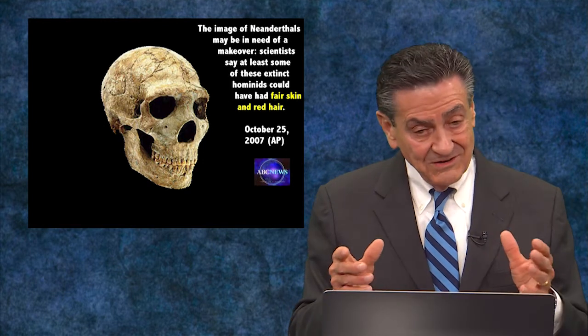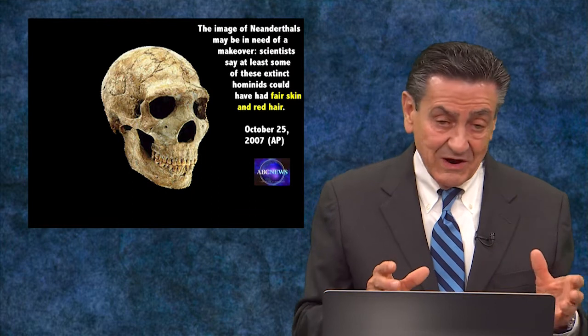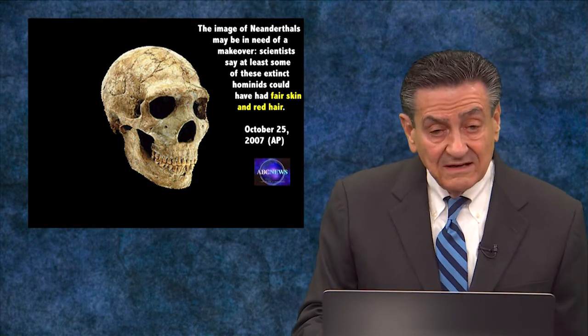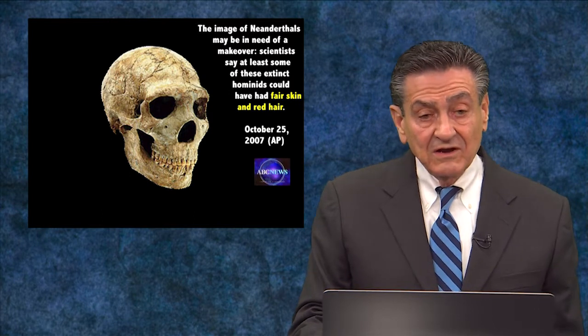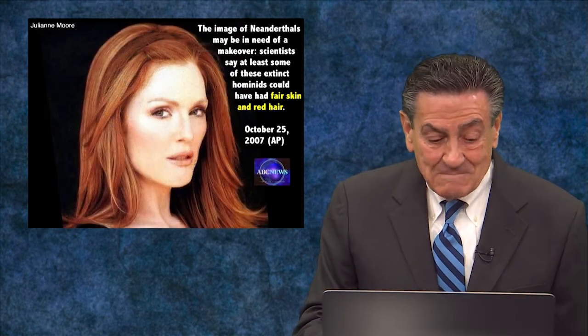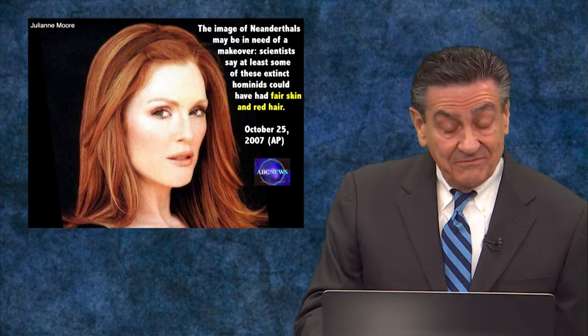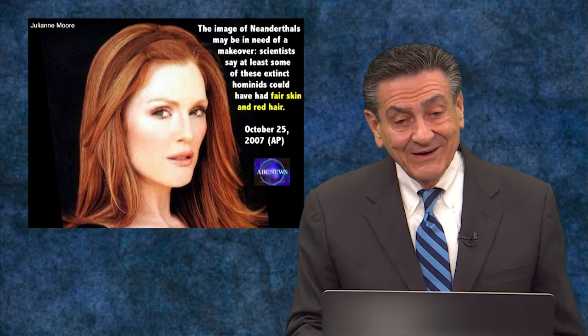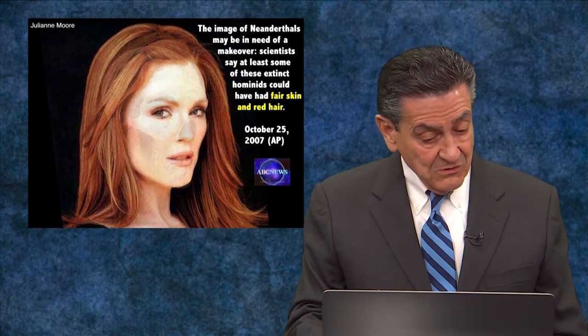And of course, even fair skin and red hair, you can make that look brutish, but you can make it look otherwise. Comparing it with the configuration of some of the faces today in a more favorable way here, Julianne Moore fits exactly, and she's got fair skin and red hair and fits the configuration perfectly.